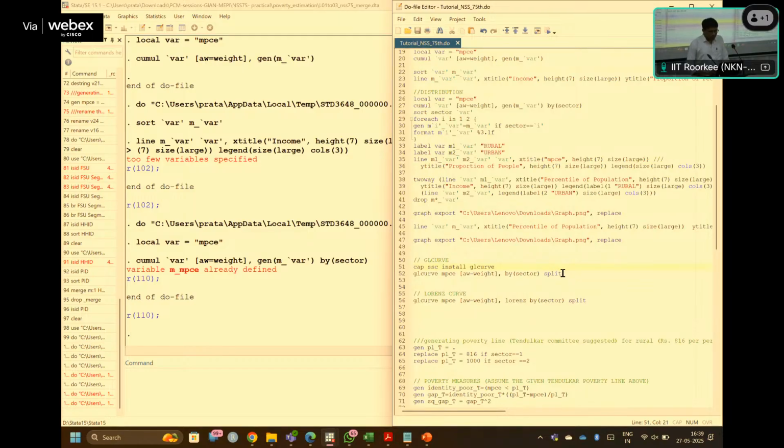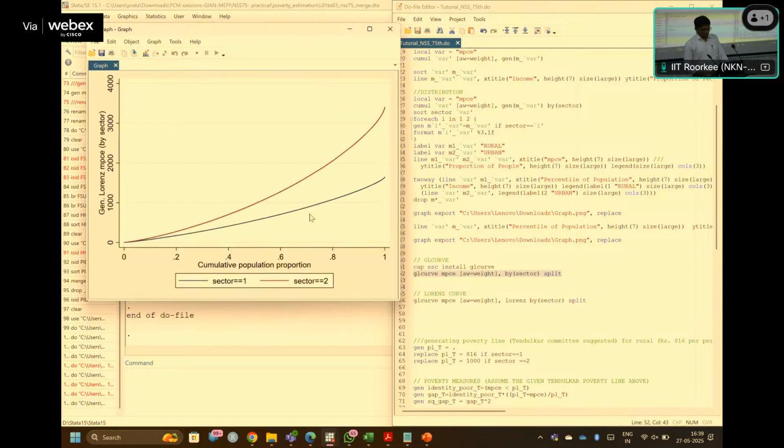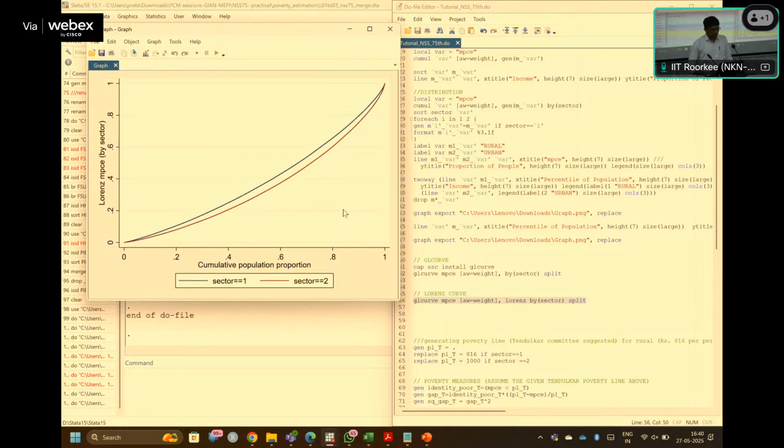Okay, let's just try to run it. Here for the GL, I'm simultaneously running both things together to check how this is working. For sector, 1 stands for rural and 2 stands for urban. Now this is our GL curve through the MPC and by sector.